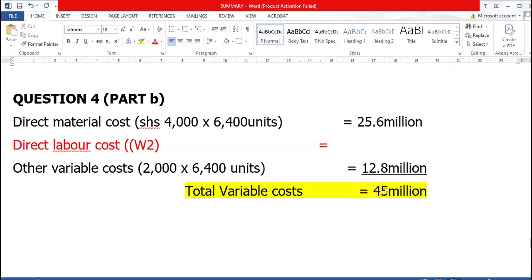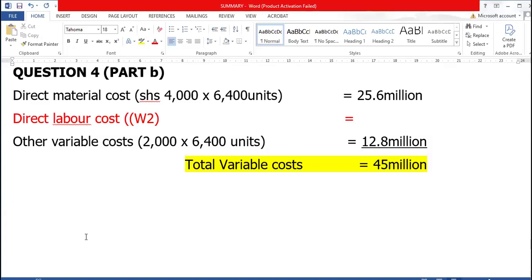For you to achieve a target of 45 million, you need a direct labor cost of how much? 6.6 million. That's what you need.